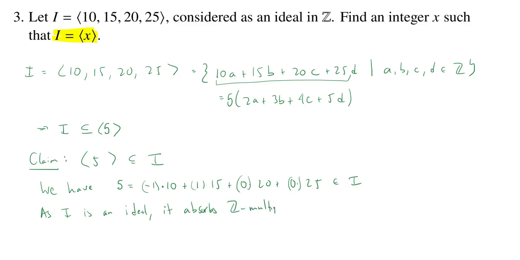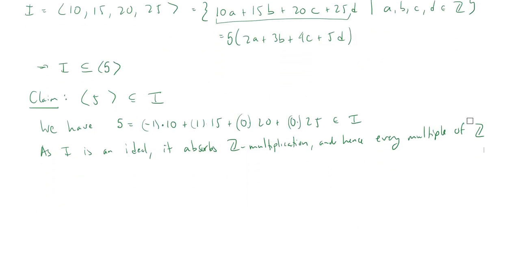So I can multiply 5 by any integer and it'll still be in I. And hence every Z multiple of 5 is an element of I.